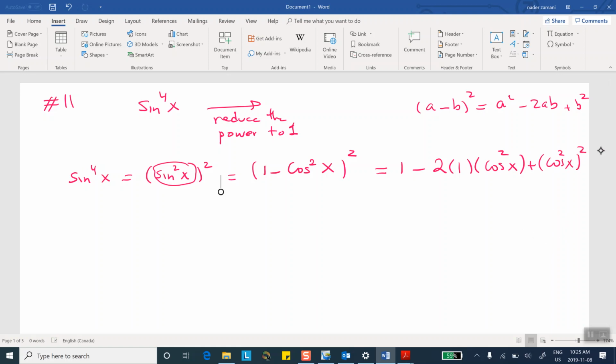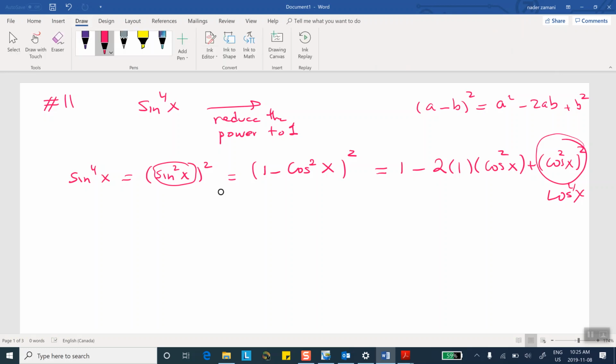The problem if I do it at this stage is that you still have cosine to the 4th x. So instead of FOILing that, let me cross this out. I'm not going to FOIL it. I'm going to reduce this power, cosine squared x, to 1, using the formula that I just showed you.